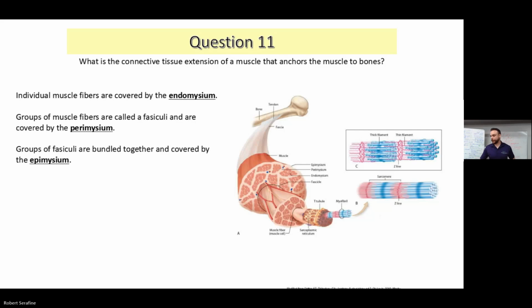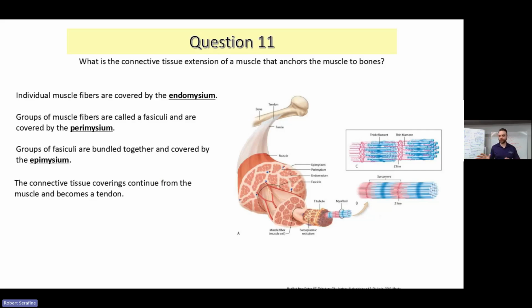So the connective tissues that we were just looking at cover and support the individual muscle fibers and groups of fibers and so on. But that same continuum of tissue then travels past the muscle fiber, creating the tendon. The tendon, as we've seen before, anchors the muscles to the bone, skeletal muscle in this case.